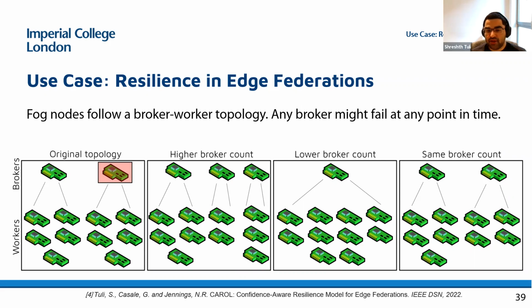And what we do is we build confidence-aware surrogate models. The figure shows how, say, if a particular broker node fails, for example, the one marked in red, we can have multiple perturbation types to update the topology graph of the fog system. And we call each of these perturbations to the topology graph node shifts in the rest of this use case discussion.